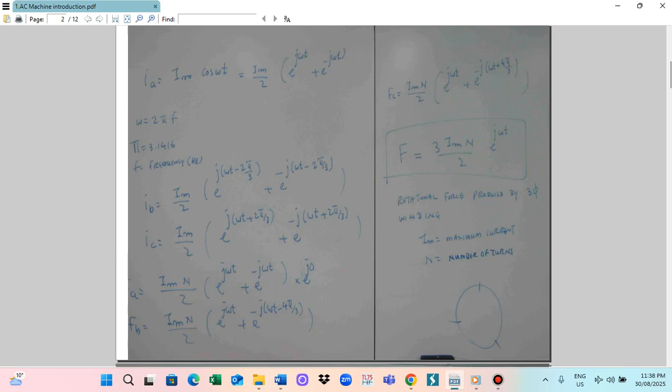So this is the rotational force, the force produced by the three-phase winding. IM is the maximum current, and N is the speed.